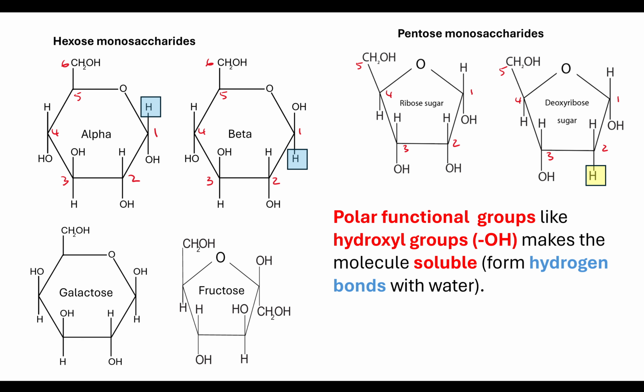Because the electrons are held closer to one of the atoms, what that does is that gives a polarity where one side is more positively charged and the other side is more negatively charged. And therefore, if there is a hydroxyl group present, that is going to make the molecule soluble because the hydroxyl polar functional group can actually form hydrogen bonds with water.